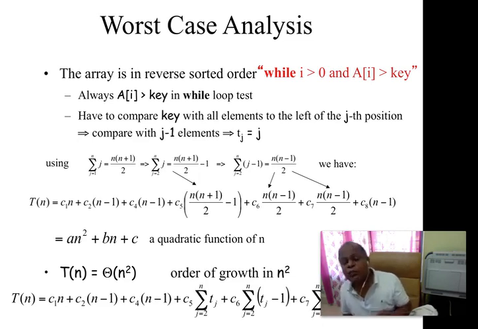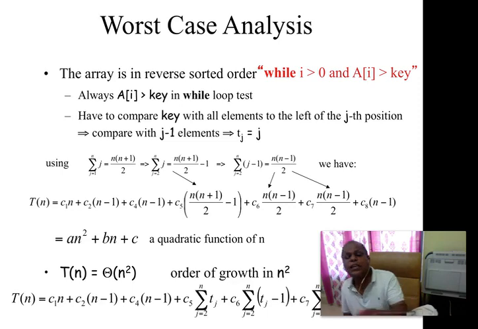This is nothing but simply the summation of j from 2 to n. This is n into n plus 1 by 2 minus 1. And the summation of j from 2 to n of Tj minus 1 is n into n minus 1 by 2. Hence, we put these values.